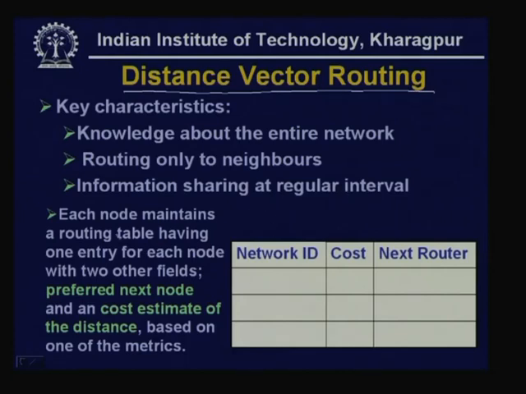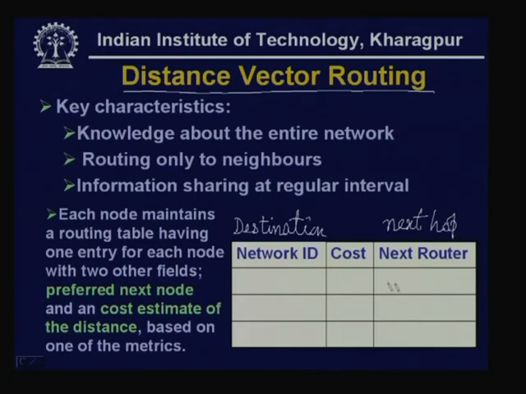Based on that, each node maintains a routing table having only one entry for each node with two other fields. This is essentially the address of the destination node. And here the cost is computed based on the information gathered through information sharing at regular intervals. That information is stored here, and with the help of this, the preferred next hop node is mentioned.